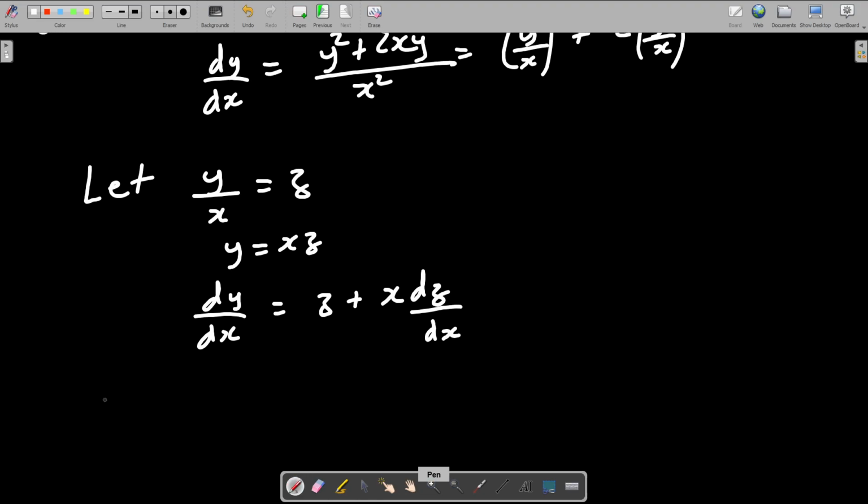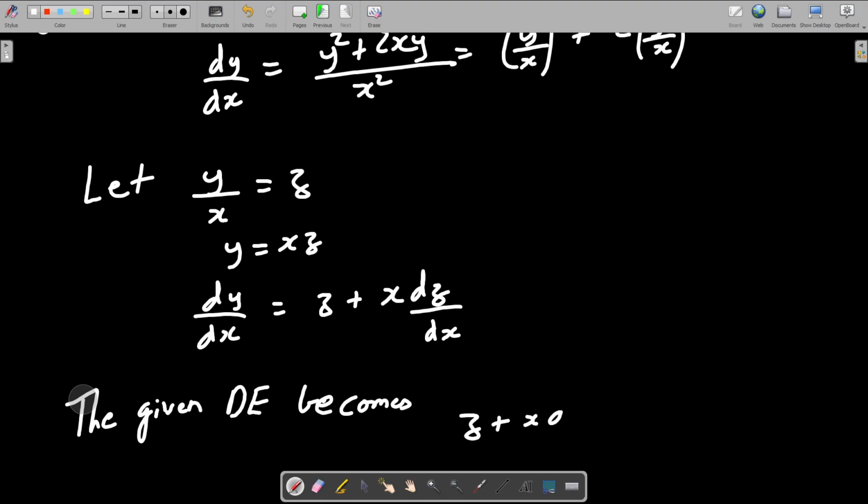So the given differential equation becomes z plus x dz by dx equals z square plus 2z. Okay.